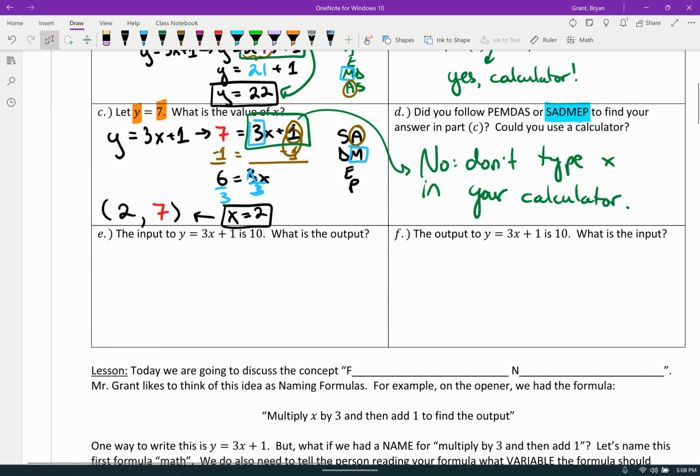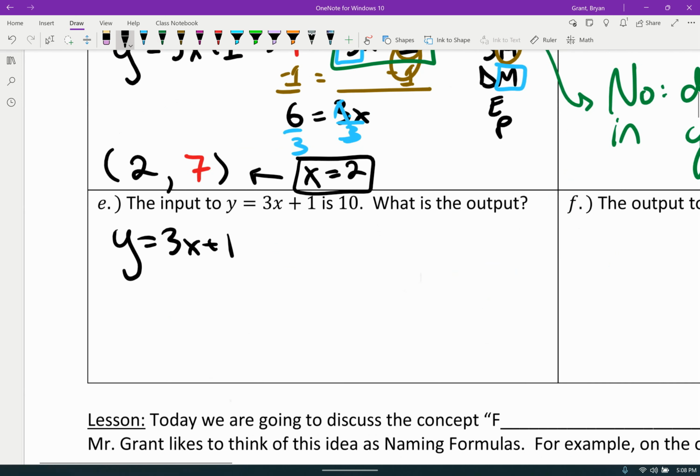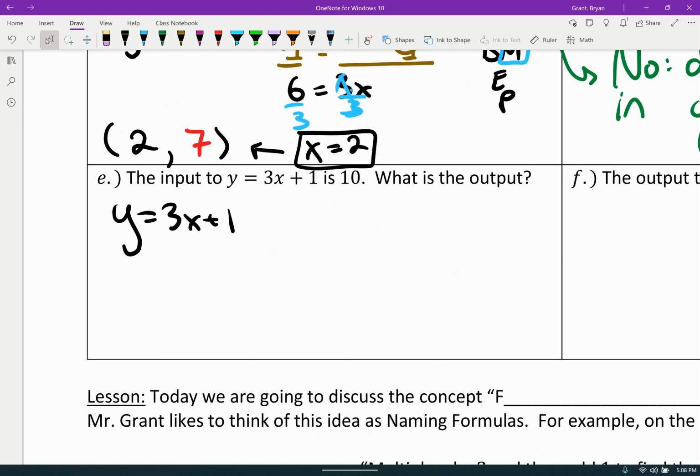Okay, let's look at our last two. The input to y equals 3x plus 1, might as well write that one more time, is 10. What's the output? Okay, well, the input is 10. Do we remember what inputs are? You should probably notate this on your paper. The input, if it's not told differently, is the x value. They're saying what's the output? That's the y value.